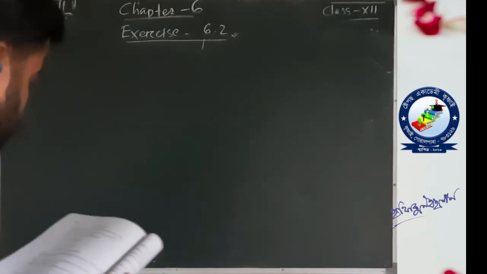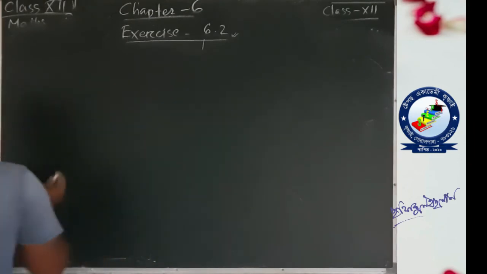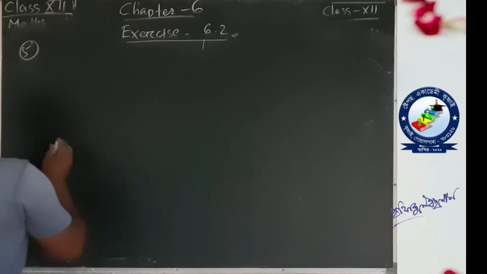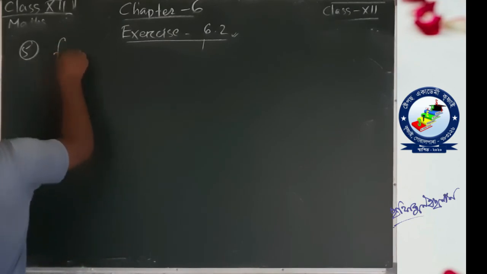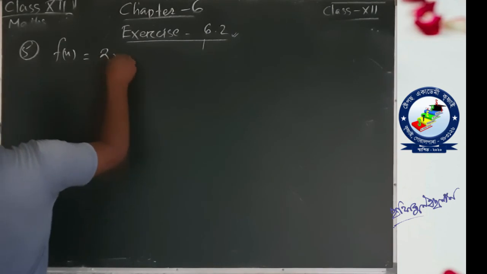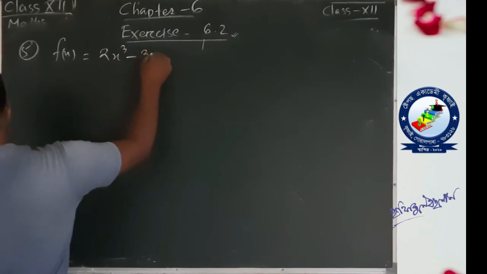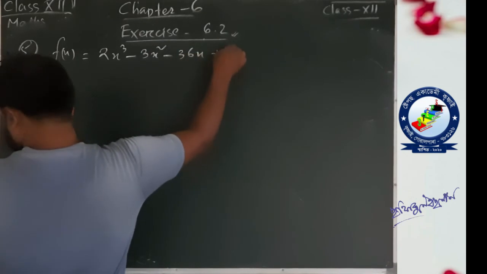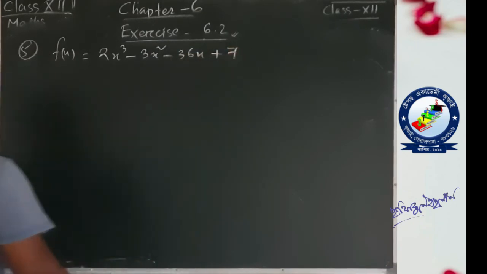If you understand this problem well, you will certainly be able to do it. See what question 5 says. Question 5 given f(x) equal to twice x cube minus thrice x square minus 36x plus 7.